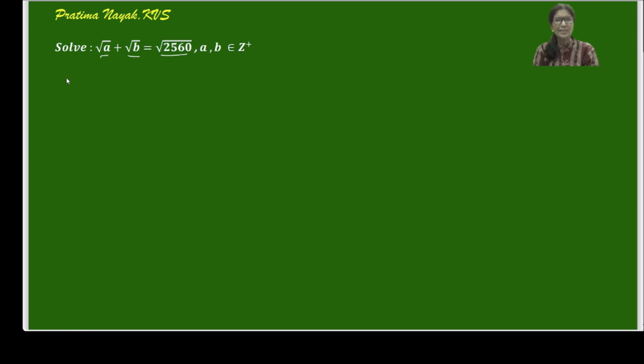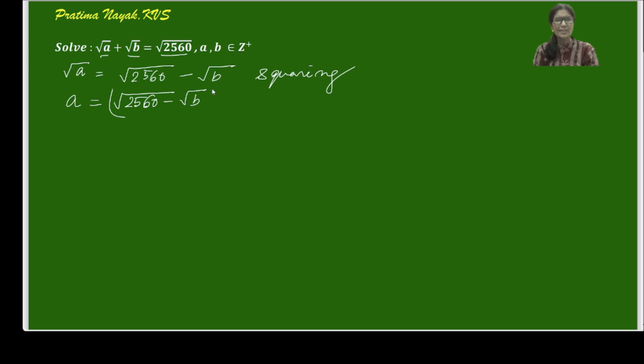So for this, first I am taking one variable or unknown to one side and shifting square root b to the other side. Then as usual I'll square both the sides to get a from the square root. So a is equal to square root of 2560 minus square root of b, whole square.